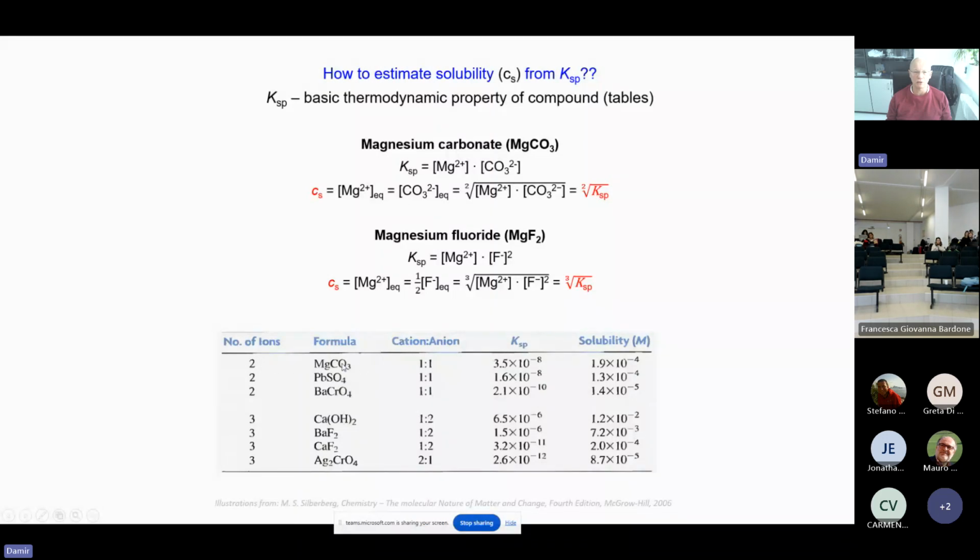So magnesium carbonate is a system with one cation and one anion, similar to lead sulfide and barium chromate. From the solubility product, the actual solubility of these salts is calculated, and they can be directly compared.